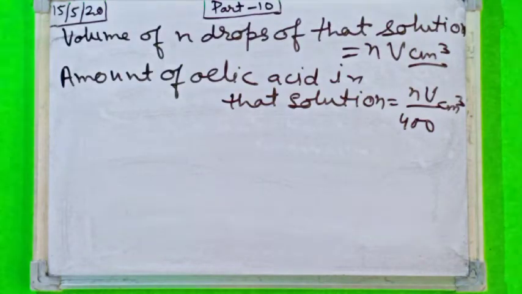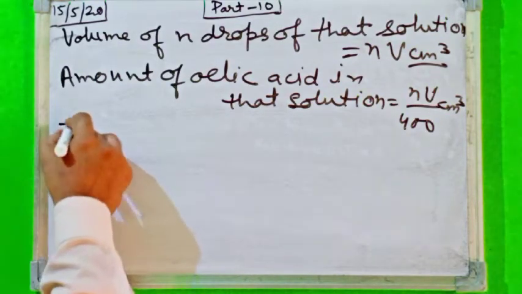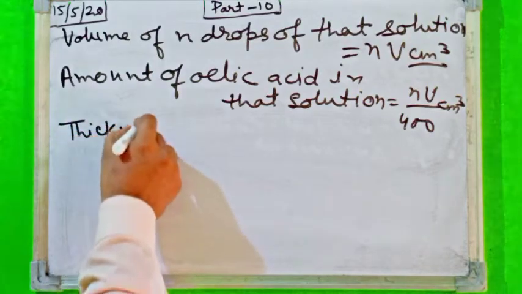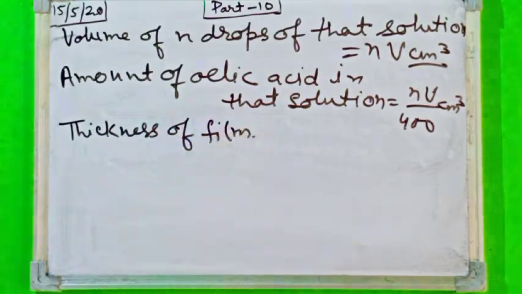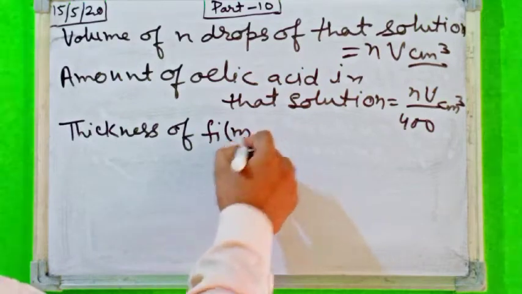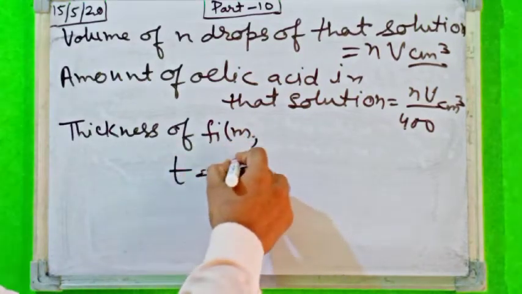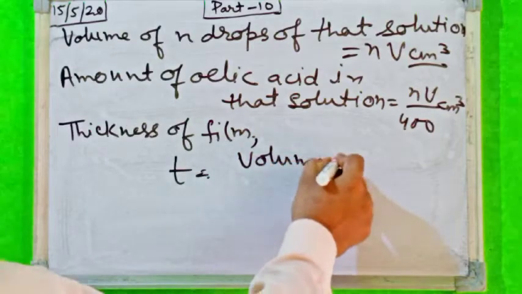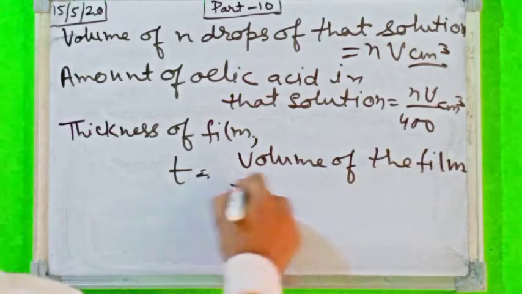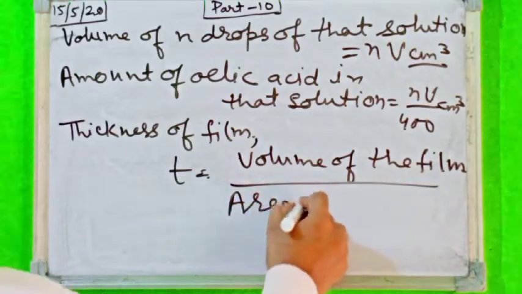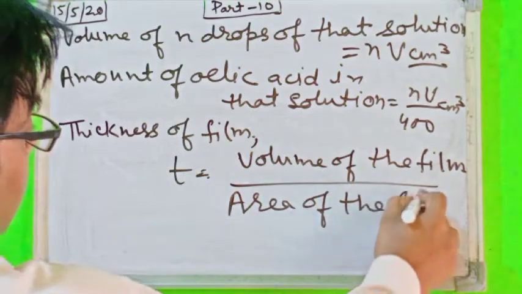Now the thickness of the film. After evaporation of alcohol, whatever oleic acid film we obtain, that thickness is T, and this thickness can be given by the volume of the film upon the area of the film.